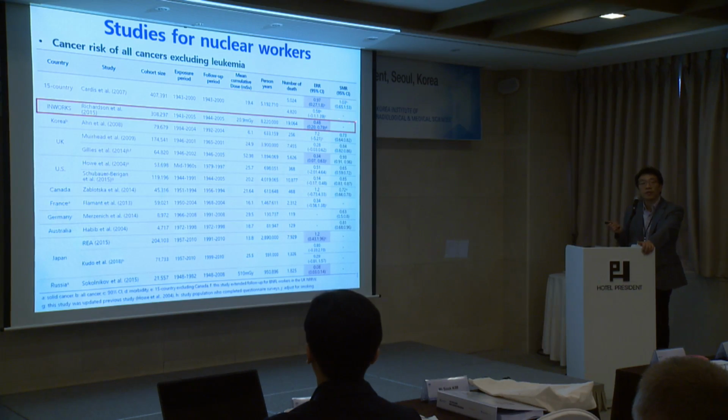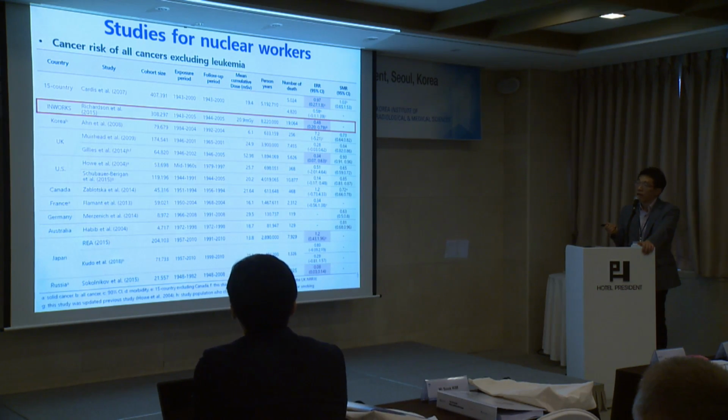There are two measurements for cancer risk. One is ERR, excess relative risk, which is the cancer risk per radiation dose. And SMR is the standardized mortality ratio, which compares cancer risk to the general population. So ERR considers radiation dose, and SMR doesn't take radiation dose into account.